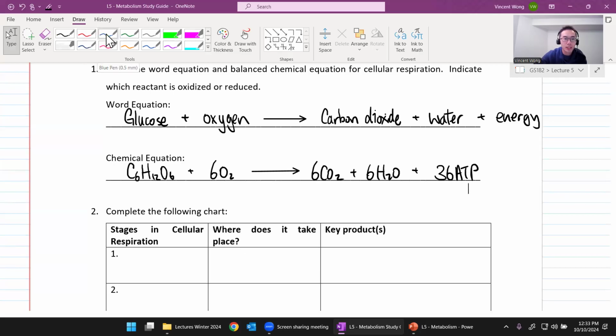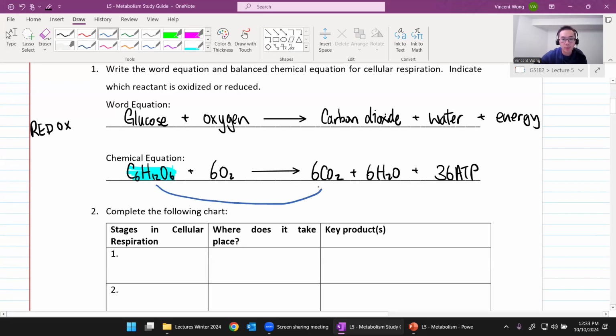So this is a redox reaction, which means the reactant is going to be transferring electrons from one to the other. And in the case of cellular respiration, glucose is the one that is going to be oxidized.